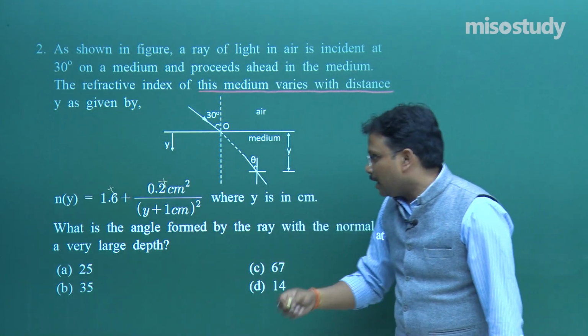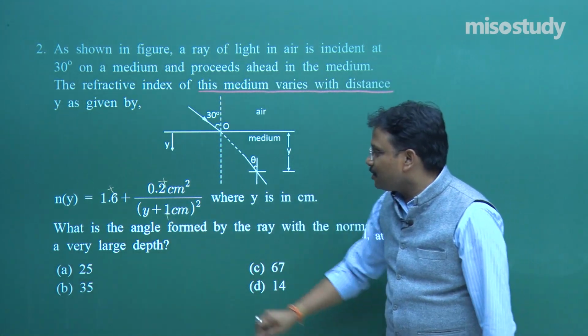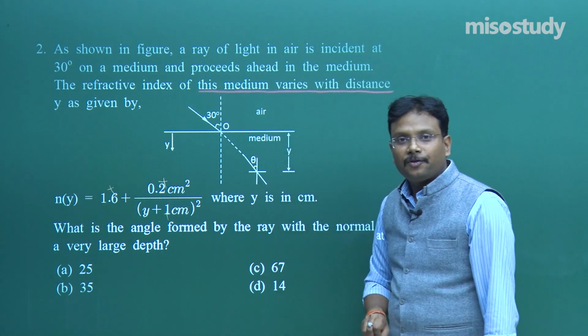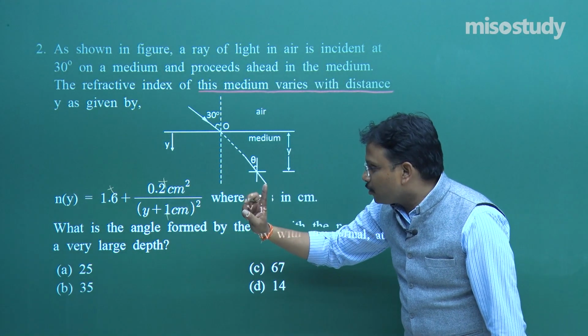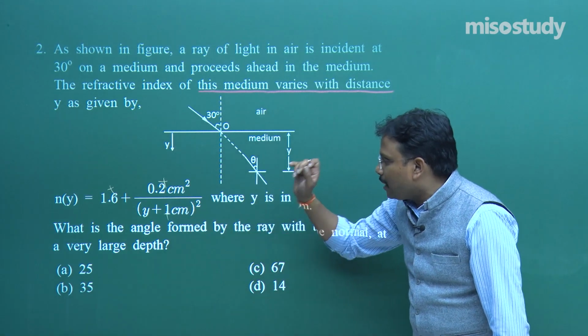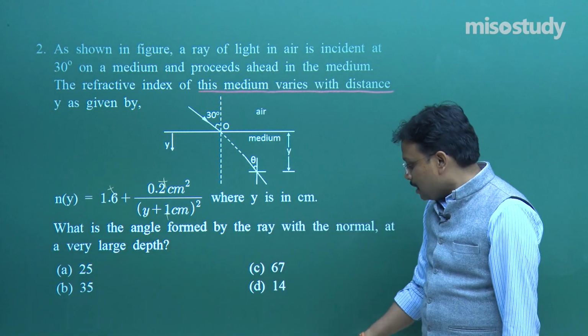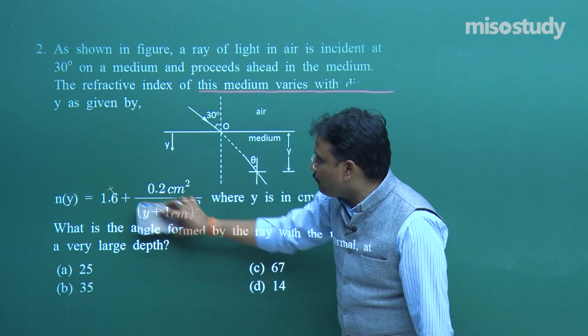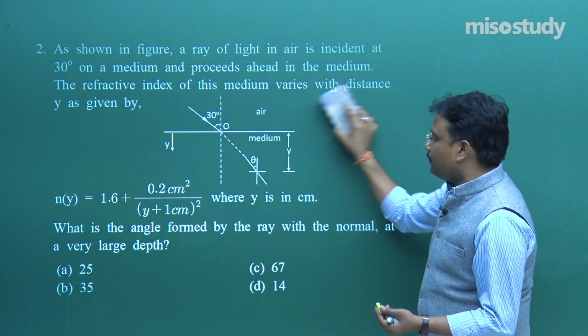Constant term, very good. Constant term, but the problem is Mr. Y. They are a problem. Reason being, let's make it square. It is going to give you y square plus 1 plus twice y. That's a problem. So, we have to put our focus onto this aspect of variation of refractive index with distance.